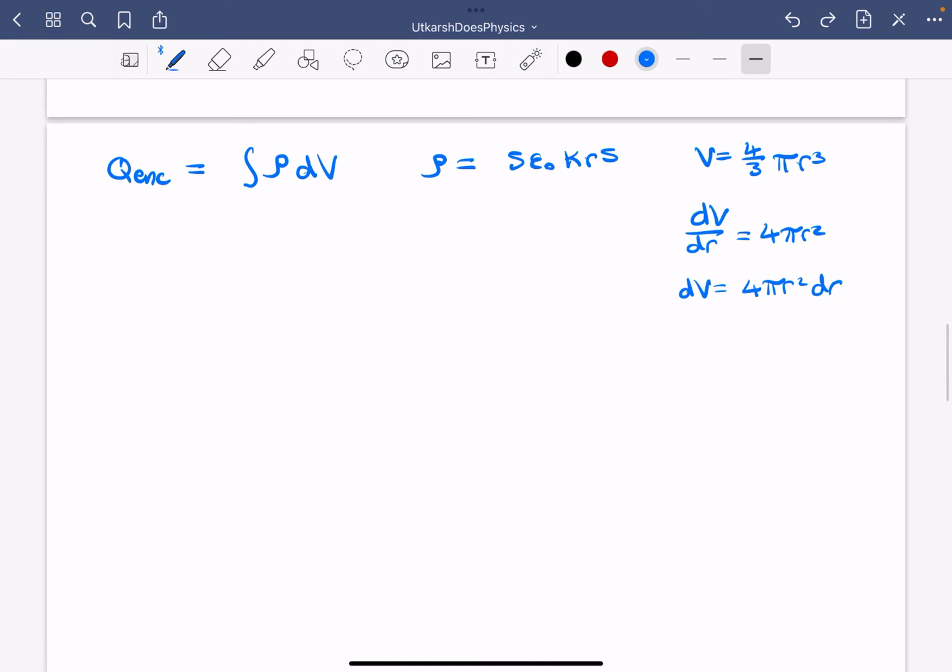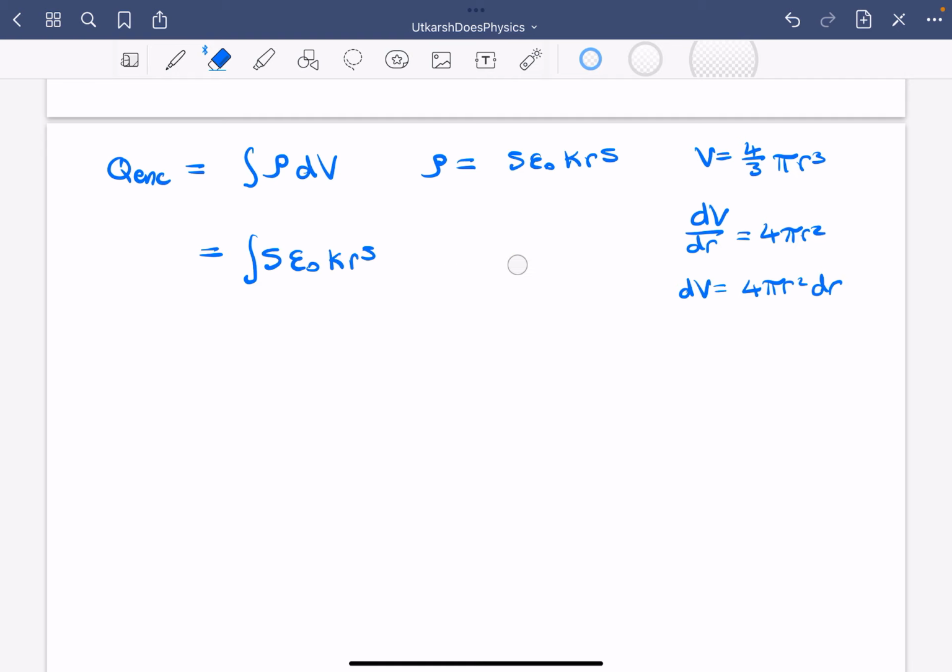So great. We integrate dV to be 4 pi r squared dr, and we have the value for rho. So therefore, we integrate 5 epsilon naught kr to the 5 times 4 pi r squared dr. That doesn't seem right.